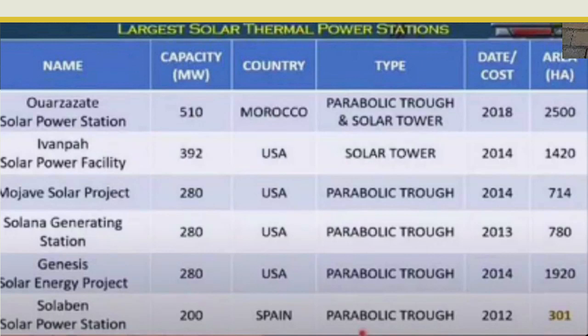Okay, next. Now here are the largest solar thermal power stations. We have the largest, the Noor Ouarzazate solar power station, found in Morocco, which was made way back in 2018. It uses a parabolic trough and solar tower combination, with an area of 2,500 hectares and a capacity of 510.